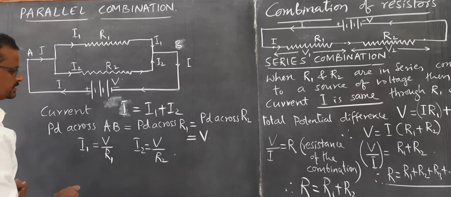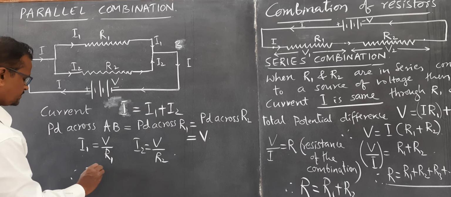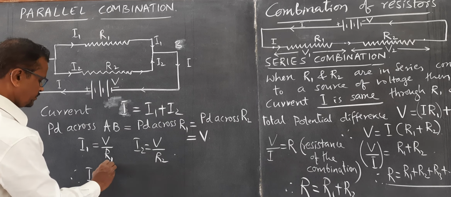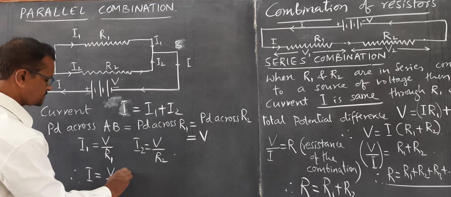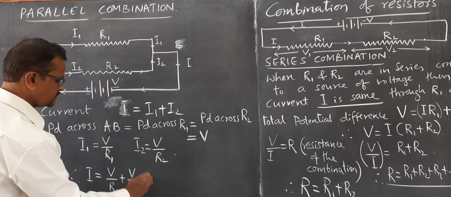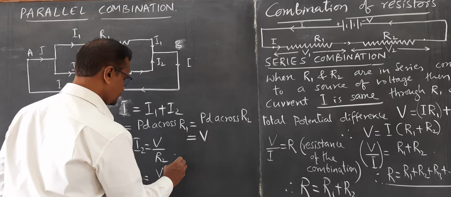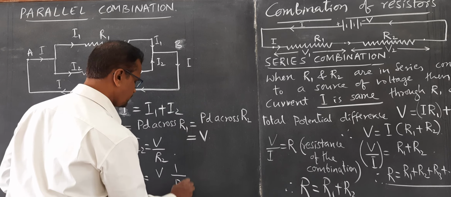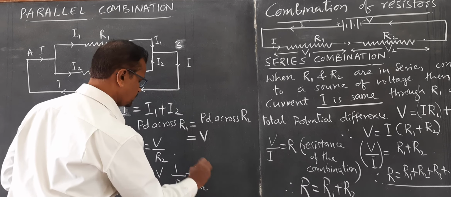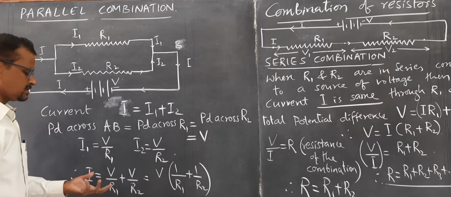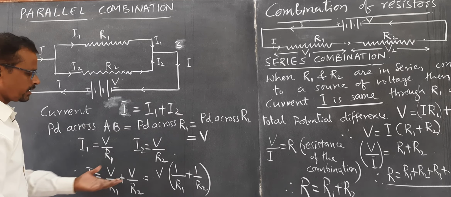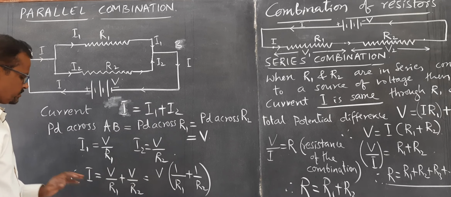If you substitute in this main equation, we get I is equal to V by R1 plus V by R2, where V is the common potential difference. If you take it out common, then it becomes 1 by R1 plus 1 by R2. So, when V is taken out common, take this V to the left hand side.